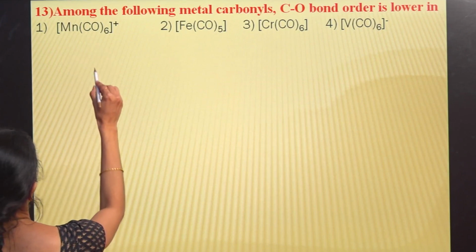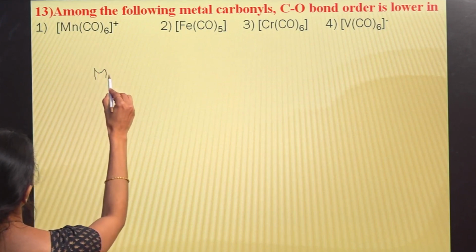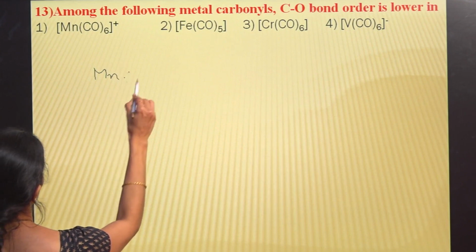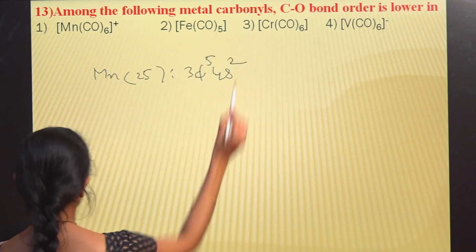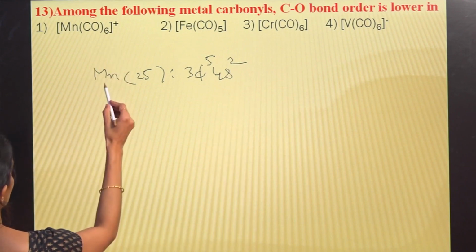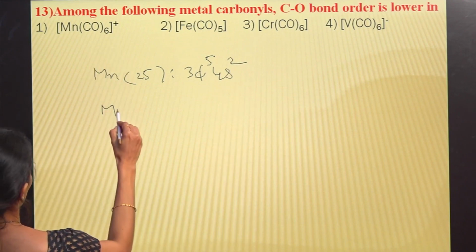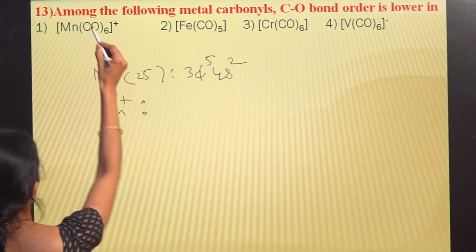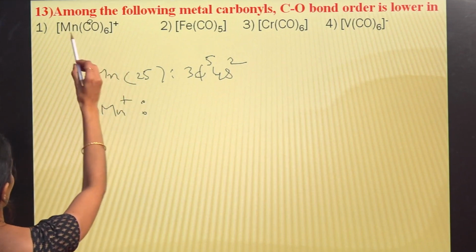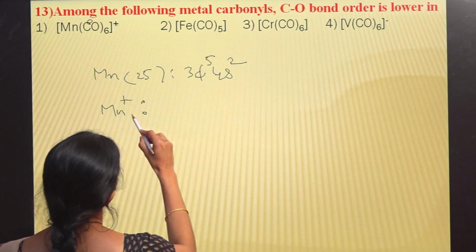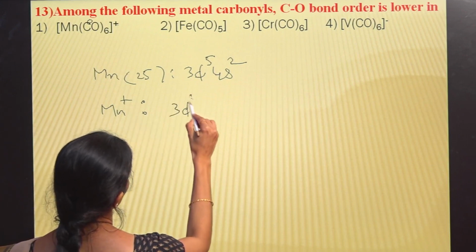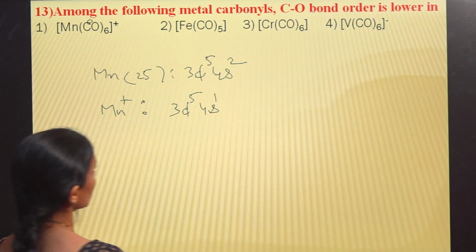First case, the metal is manganese. It is 3d5, 4s2. But it is not present in Mn form. It is Mn plus because carbonyl is neutral. Okay, so Mn has the charge Mn plus. So the configuration becomes 3d5, 4s1.